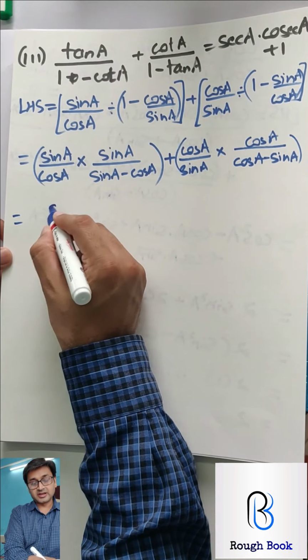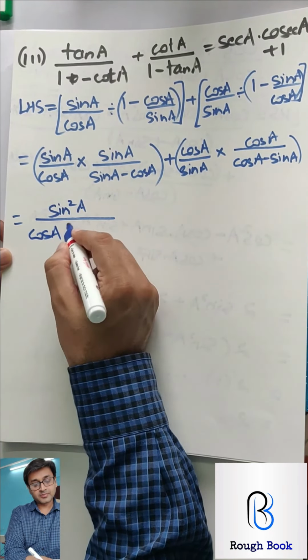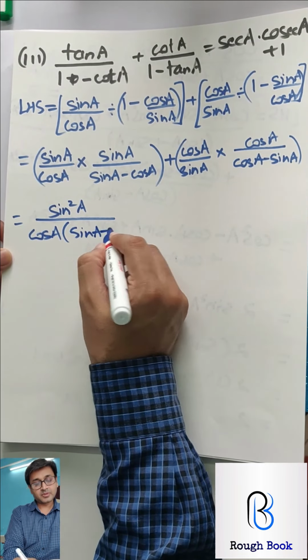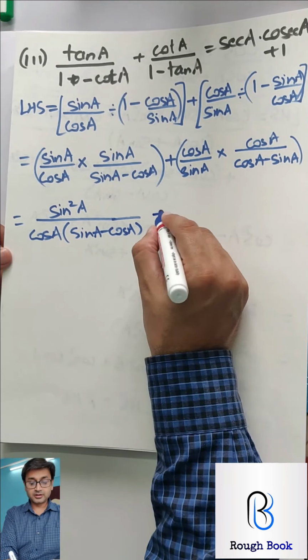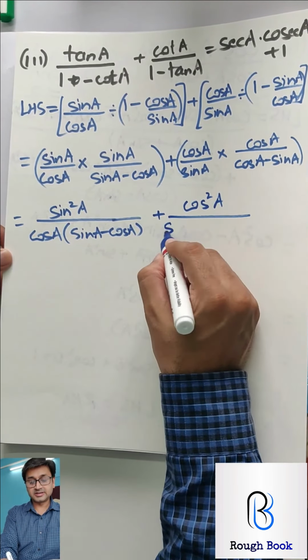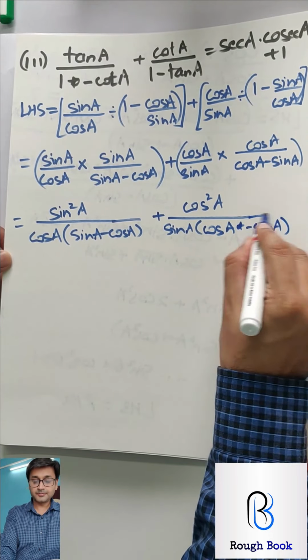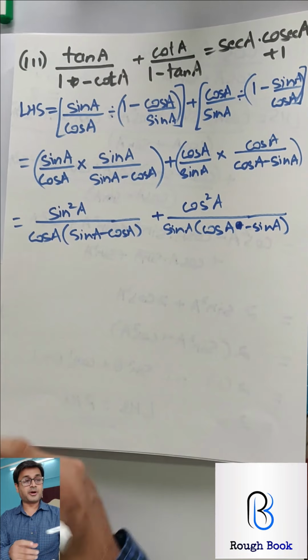Merging these two, I will get sin square a upon cos a into sin a minus cos a. Are you with me till here? Great. The second part also will give me cos square a upon sin a into cos a minus sin a. Now look at the two denominators, and what is the striking part that you can notice?